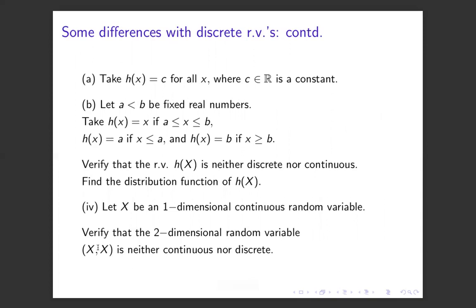Basically, this guy, though it is in a two-dimensional space, is a one-dimensional guy masquerading as a two-dimensional object. It is going to take value on that diagonal line, the 45-degree line. And you know that a line in a two-dimensional space has area 0. That's the intuition.